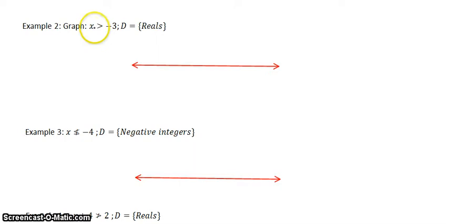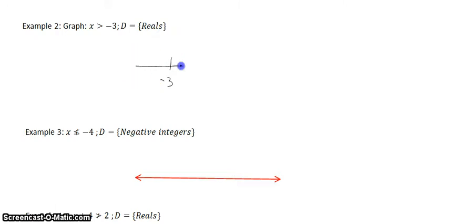Then let's look at the next example. Graph x is greater than -3 and our domain is the reals. So here we have our -3. Since the domain is the reals, we can shade to the right because it's greater than.